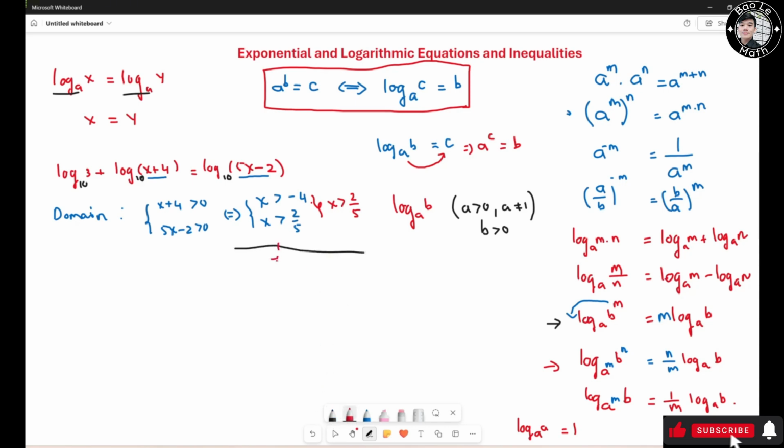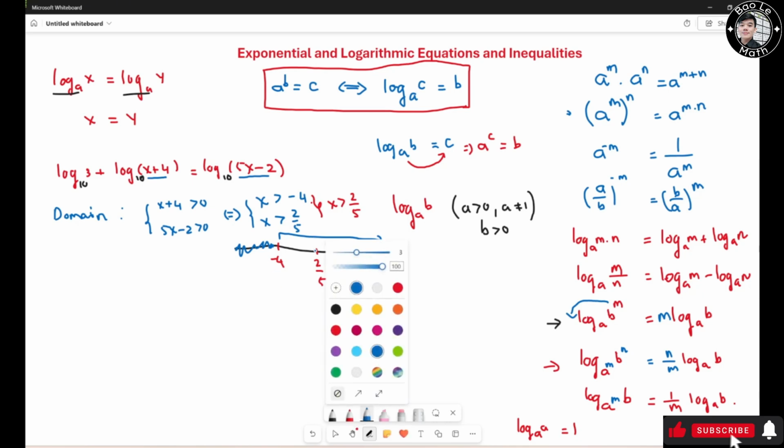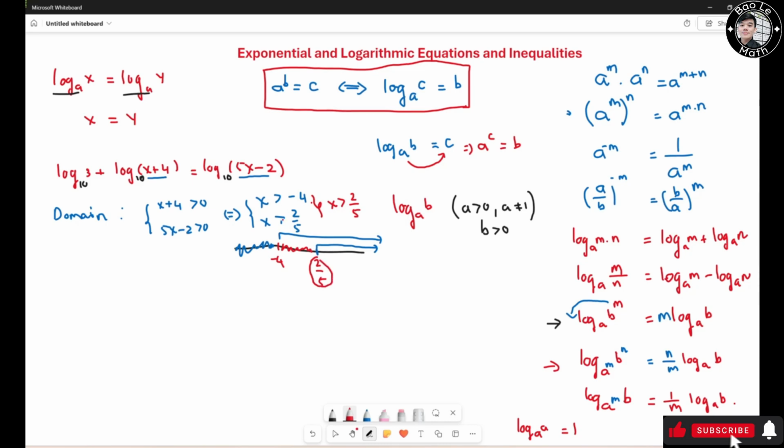So negative 4 right here and 2 over 5 over here. And then s greater than negative 4, which means you need to eliminate every single thing on the left hand side. Right? You only take from here all the way to the right. Now s greater than 2 over 5. Right? So it's going to be from here all the way to the right. And then you need to eliminate this guy. Right? So final answer should be s greater than 2 over 5. That satisfies both conditions right here, right?